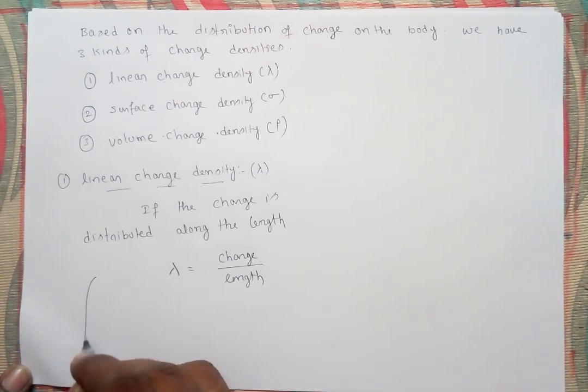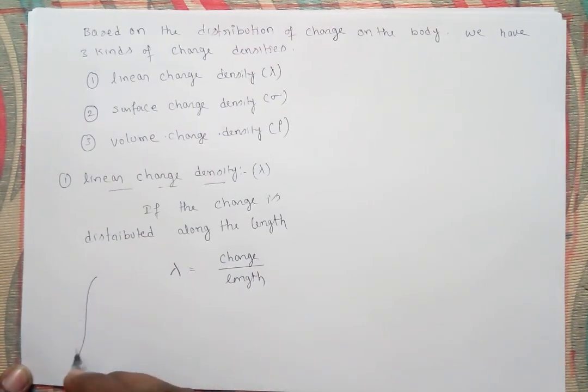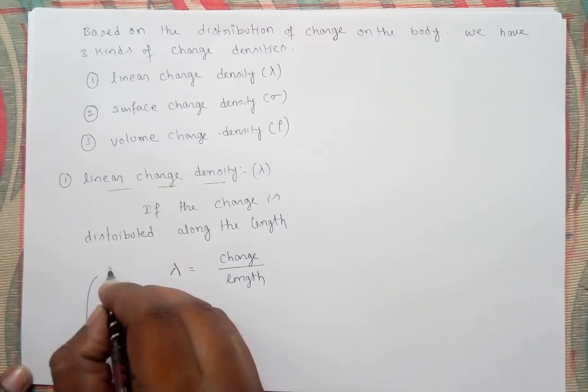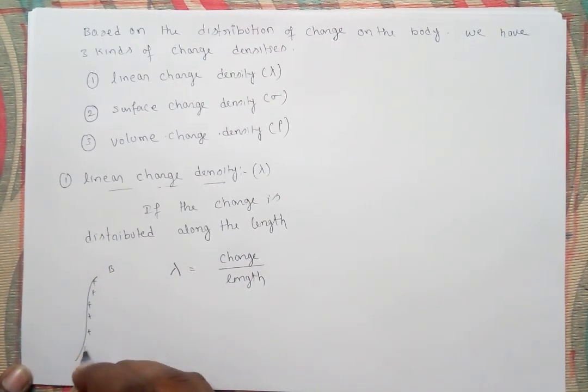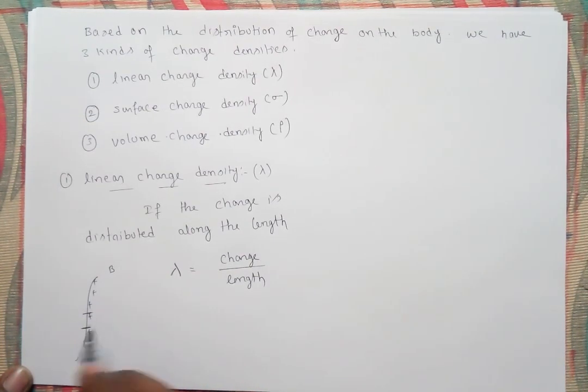Let us take here a linear conductor AB. This body has some charge over it. The entire conductor length is L, and it has some charge q.